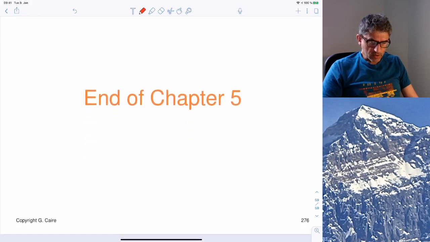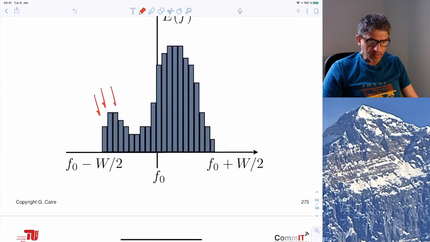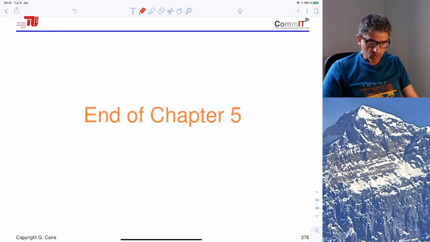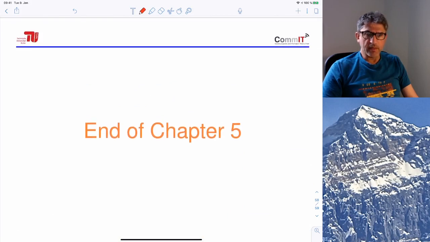Okay, so this ends this chapter. A lot of concepts to take in. We will go through some details and more on the relation between these information theoretic models and the communication theoretic models that you are probably more used to seeing in terms of waveforms and modulated waveforms, etc. in the live session.